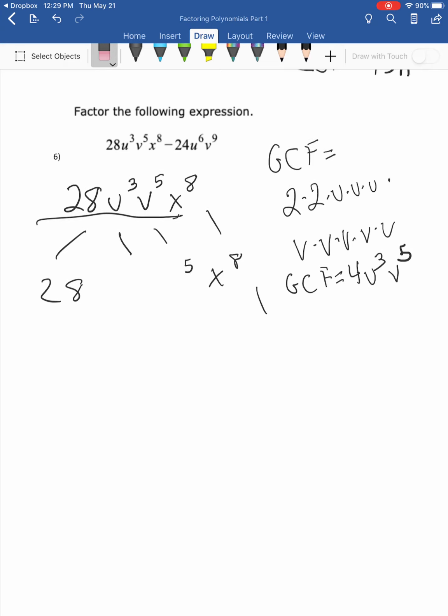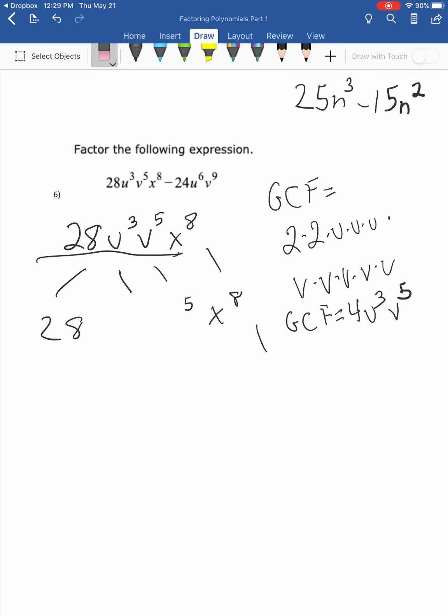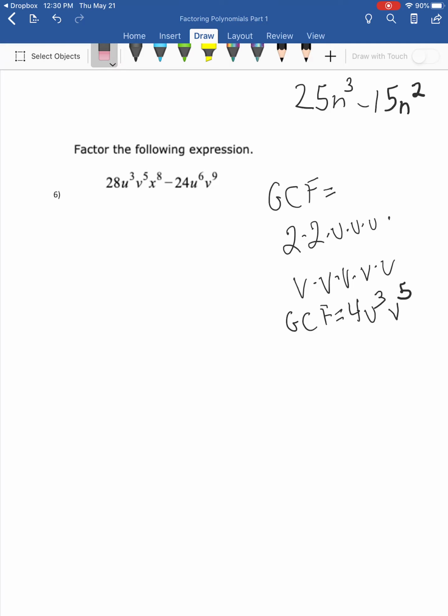I know that u cubed and u to the 6th have 3 u's in common, or u to the 3rd. I know that v to the 5th and v to the 9th have 5 v's in common, all right? And the first term has x's, the second term does not have x's, so it doesn't have any x's in common. So that's how I get the GCF when I'm doing this in my head, okay?